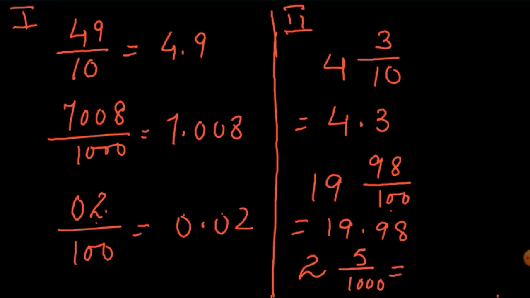So earlier also I told you, count the number of zeros here. 2 is the whole number, let's write like this, then decimal, 1, 2, 3. Here we have 3 zeros, so we need 3 digits here, but we have 5 only, so you can write it like this, 005. So the decimal will be 2.005. So this is clear.